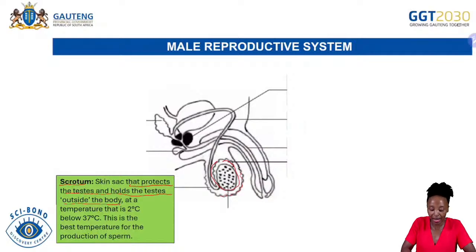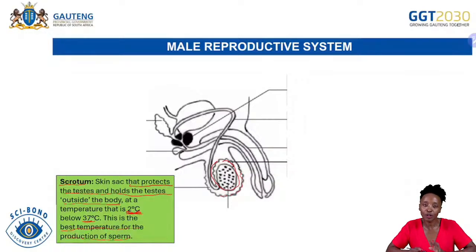There's a reason why they are held outside the body. Outside the body they are exposed to a temperature that is 2 degrees Celsius lower than 37. Why? Because this is the best temperature for the production of sperm cells.